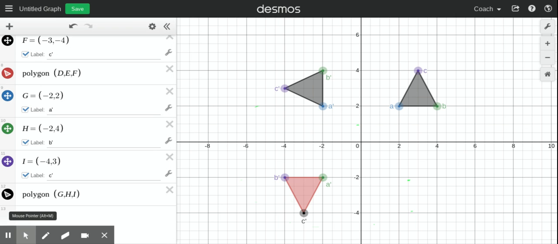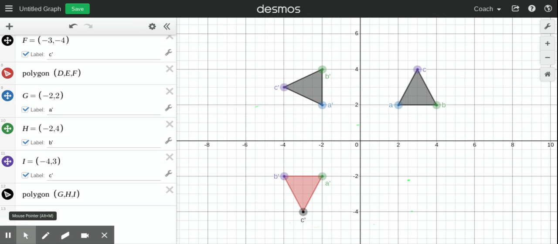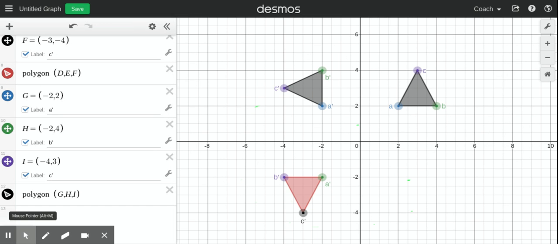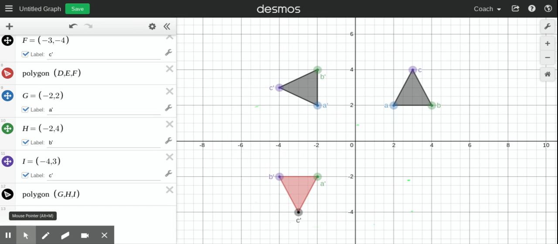The 180-degree rotation goes down to quadrant 3. The 90-degree rotation, boom, counterclockwise goes into quadrant 2, and I guess I can say that's gray also.